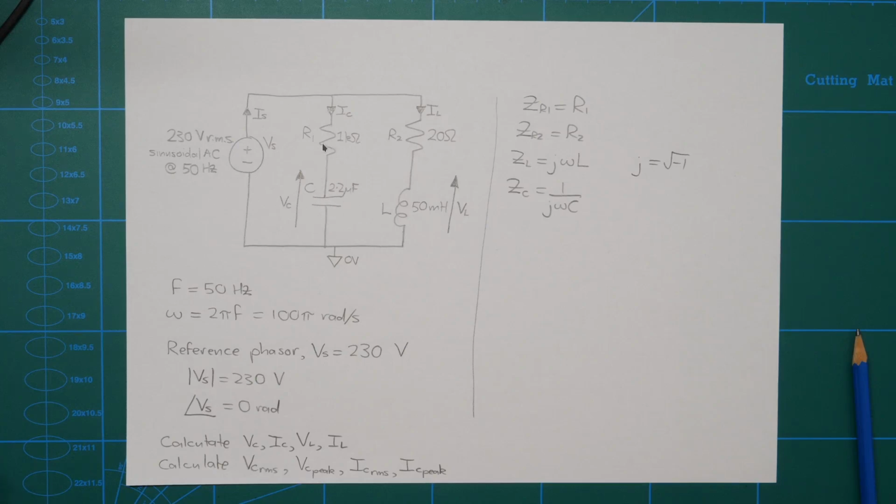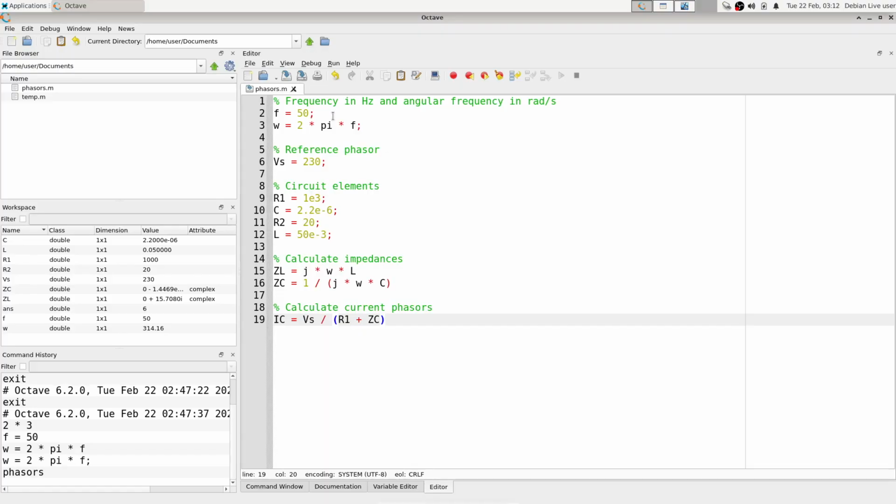I can add those two impedances because they're in series, and I'll get the total impedance, and then I just divide the voltage by the impedance, and that gives me the current. Just as you would if you had resistors in series, only now everything is a complex number, and all our RLC elements have become impedances.